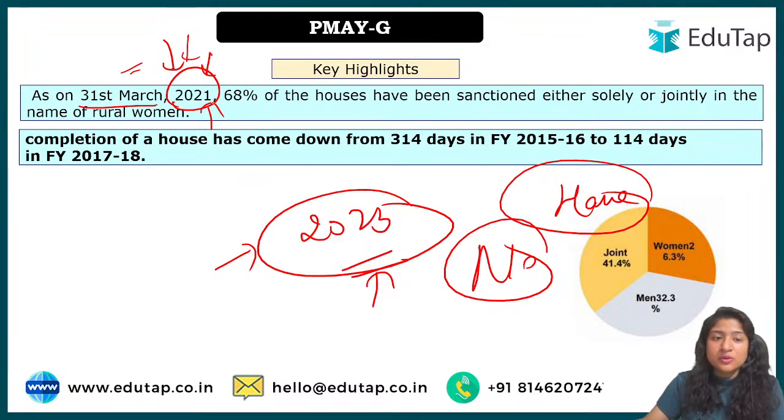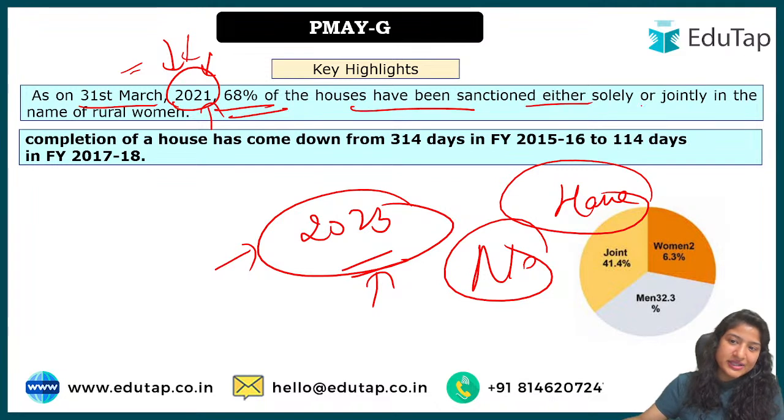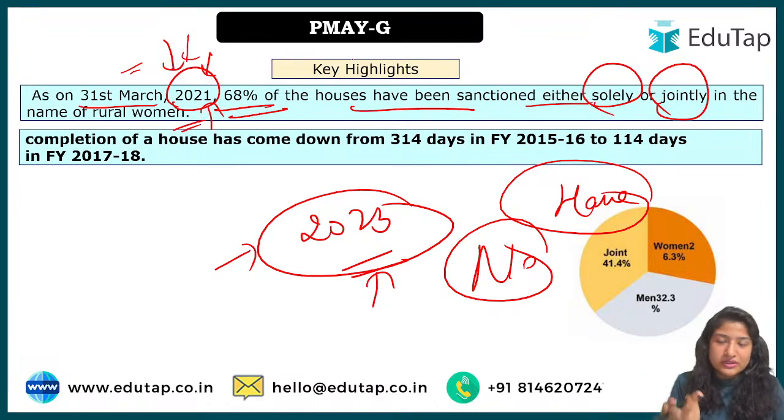As on 31st March 2021, 68% of the houses have been sanctioned either solely or jointly in the name of rural women. What does it mean? We know there are two cases. The usual case is that the house will be jointly in the name of male and female, husband and wife. What if the female is a widow? In that case, of course, the sole owner will be the female only, right?